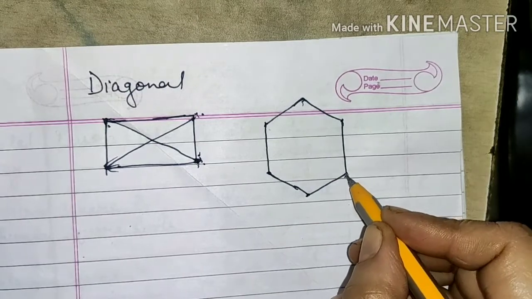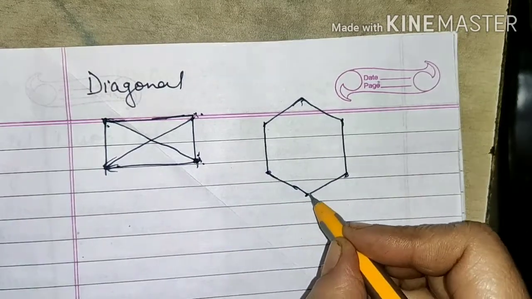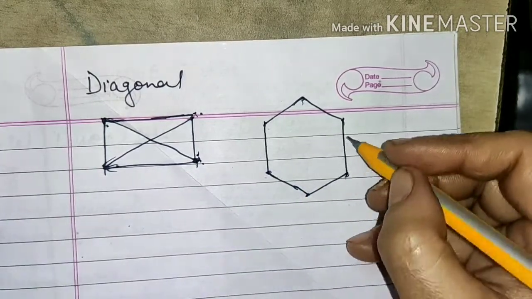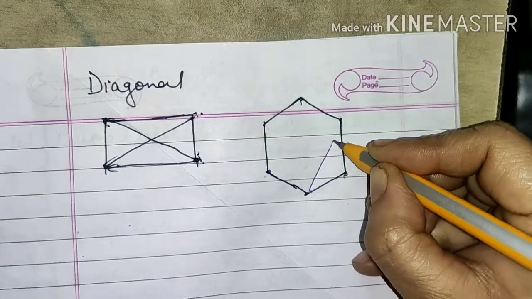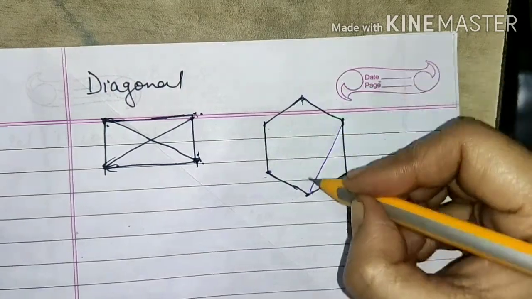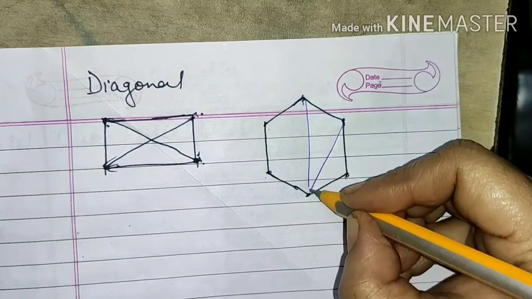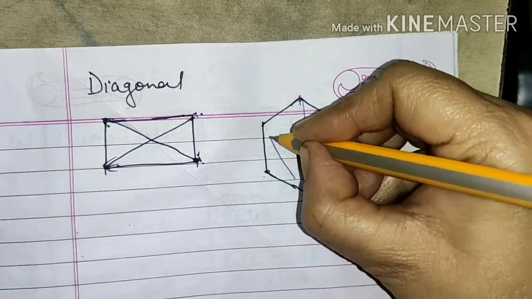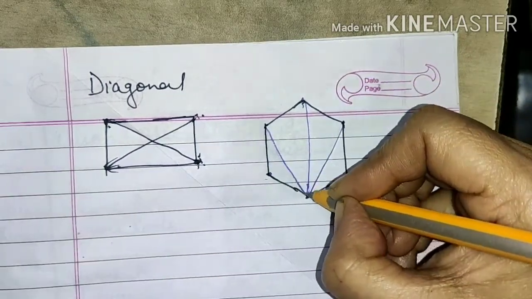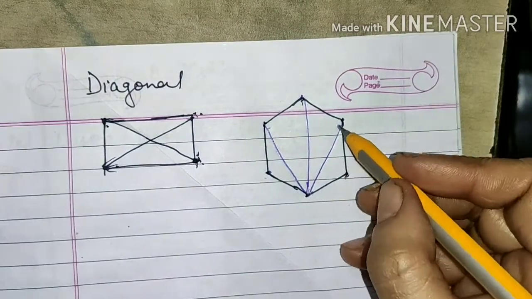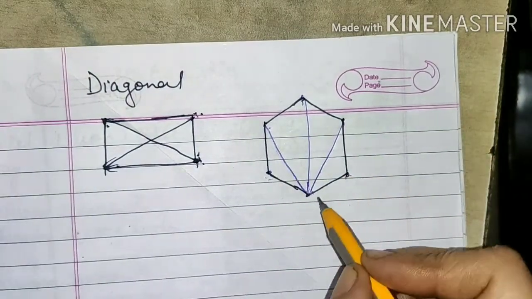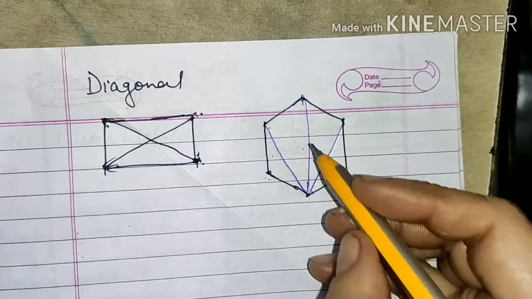We should not take the consecutive ones. These two we will not take. So we can join this vertex with three vertices. If we remove these two, we have 3 left, so we joined them.